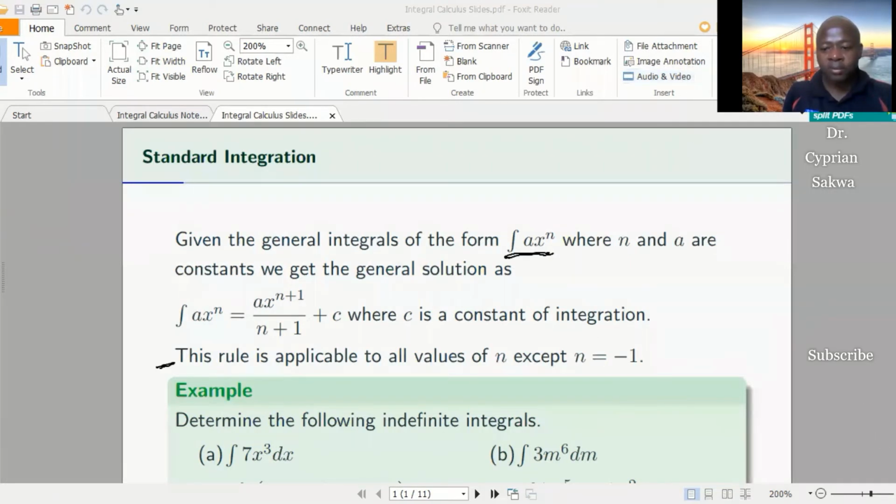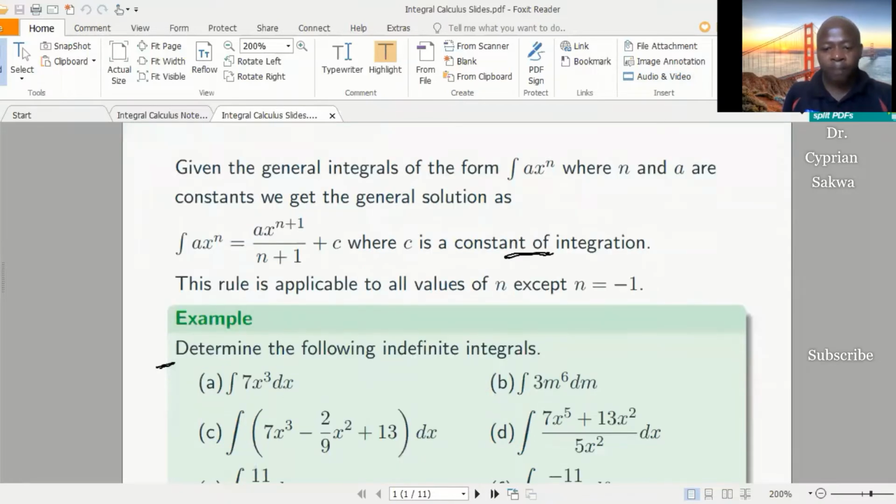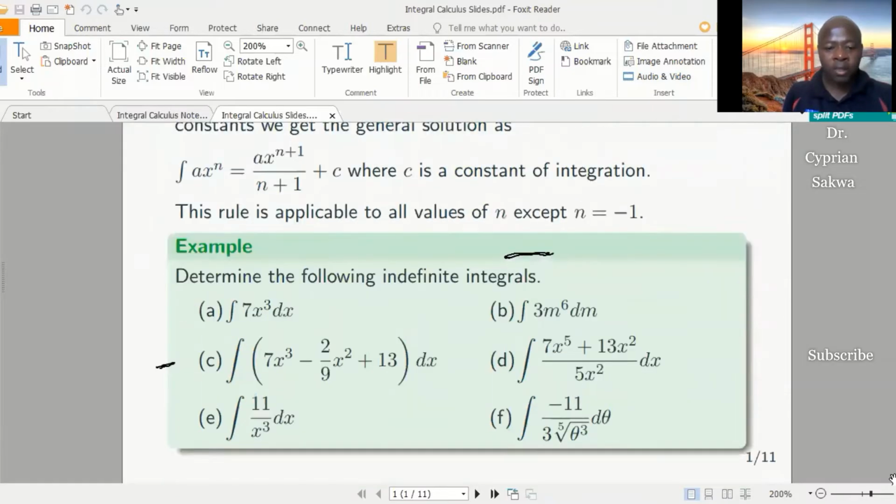The first example here is, determine the following indefinite integral. And I hope you know the word indefinite means that these are integrals without limits. For example, you're not saying that you're integrating from what point to what point.